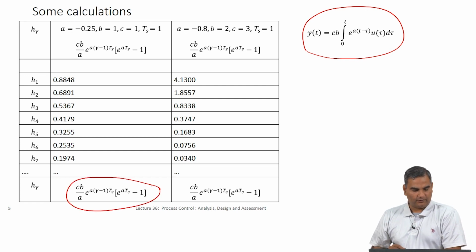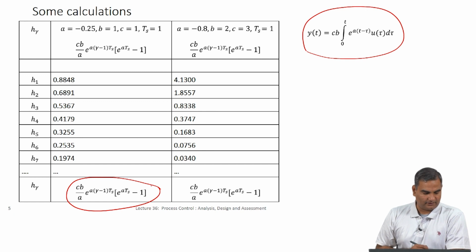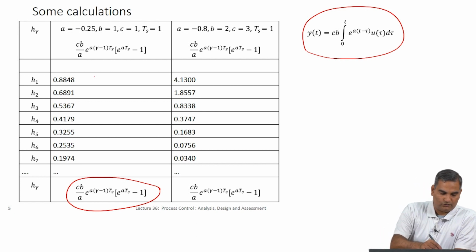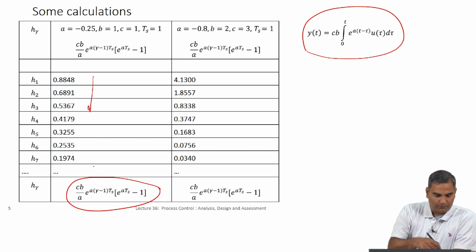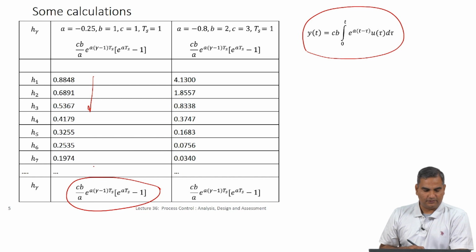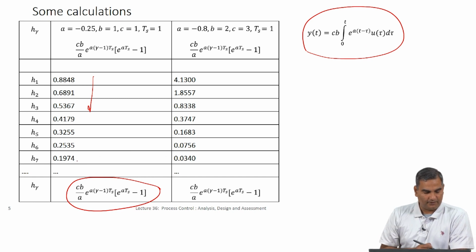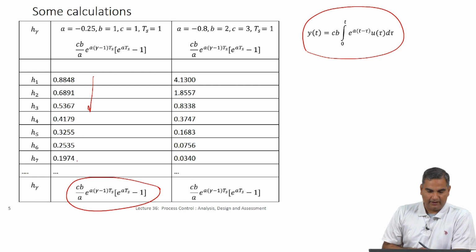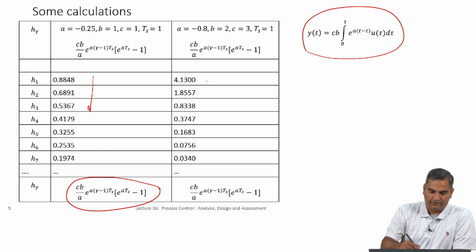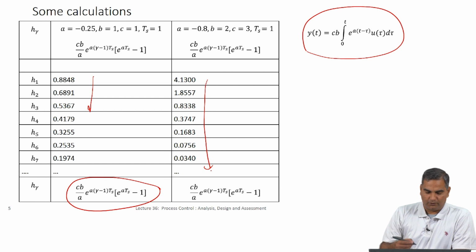We will not get into that, but what I am more interested in showing is that as you compute h1, h2, h3 and so on, as you keep going down computing more and more coefficients for the model from this continuous model, you will see the numbers keep decreasing. At some point you can say that beyond this number is very small, I am not going to take the impact of this. So, for example, here the first number is 4.13, and if we keep going down I come to 0.03 and so on.